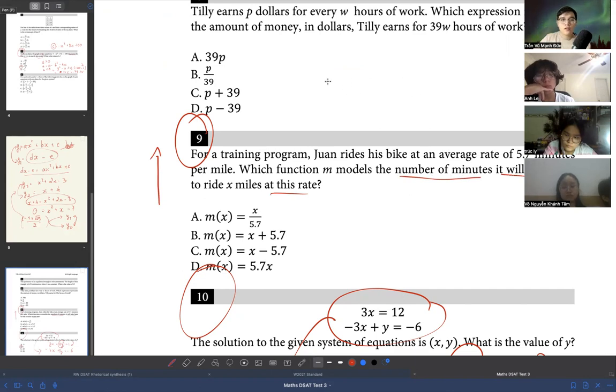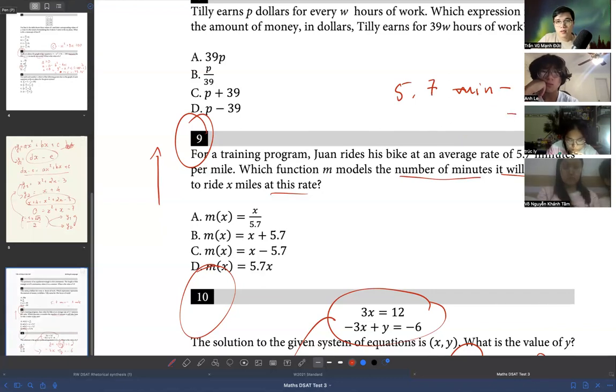So you're going to have to summarize the prompt, because if not, you're going to have a hard time understanding and get it mistaken. Firstly, 5.7 is minutes, and per mile, meaning 5.7 minutes for 1 mile. And M models the number of minutes it would take to ride x miles at this rate.